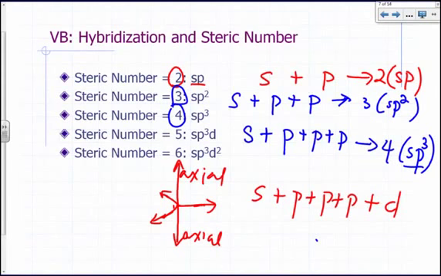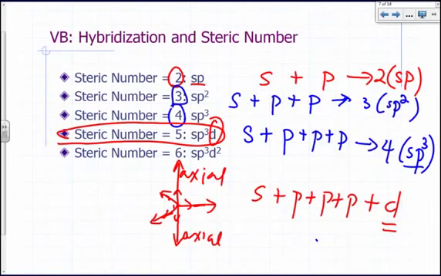Remember we said before that atoms in row number 3 or below can have more than an octet. This is one case where you can have an atom with more than an octet, like 10 valence electrons around the atom. The reason it can do that is because you can avail of the available d orbitals.